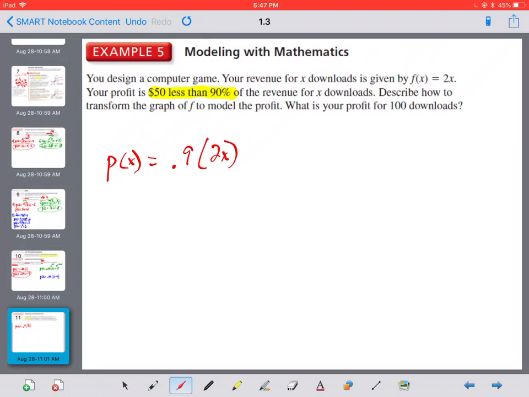So we do 0.9, which is 90%, times the 2x, and then we're going to take 50 off once we've gotten the 90%. Okay, so we multiply the 0.9 in, P of x equals 1.8x minus 50.